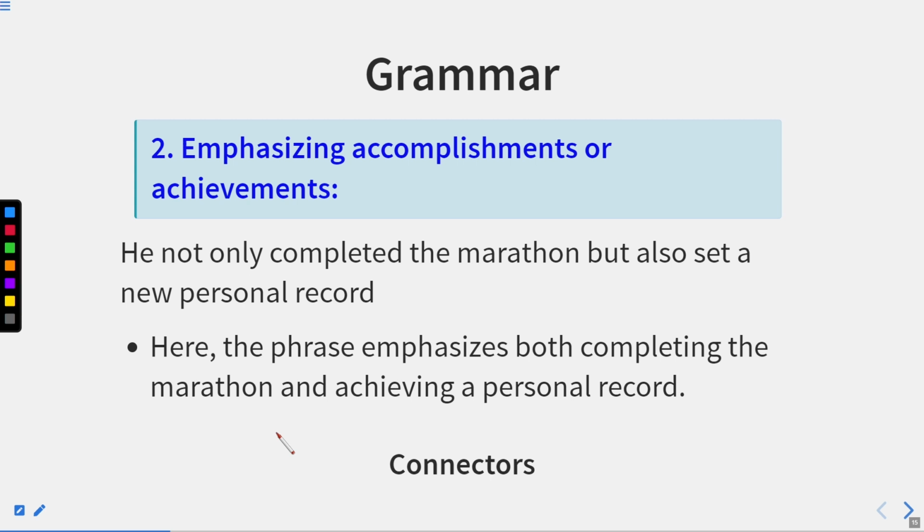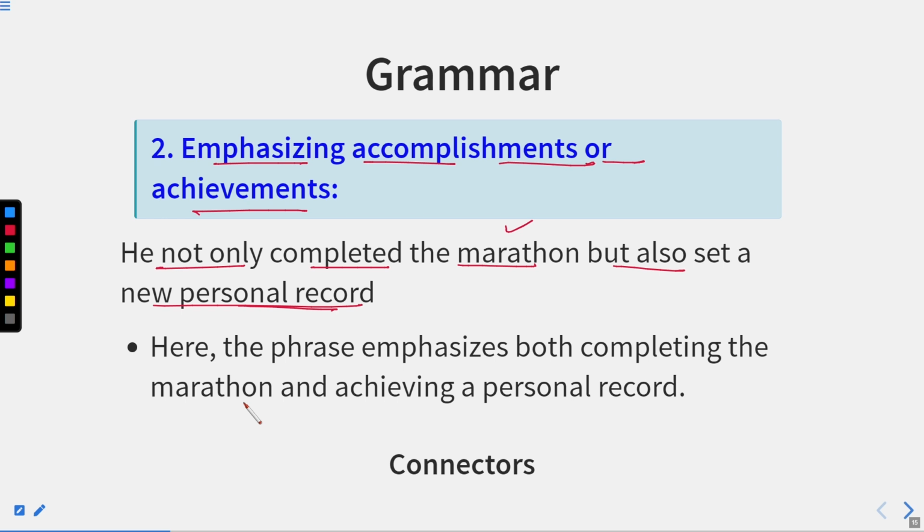Another use of the not only but also pair is emphasizing accomplishments or achievements. He not only completed the marathon but also set a new personal record. Now, these are two accomplishments. One is that he completed the marathon, and another is the new personal record. So when we are combining these two, we can use not only but also. Here the phrase emphasizes both completing the marathon and achieving a personal record.